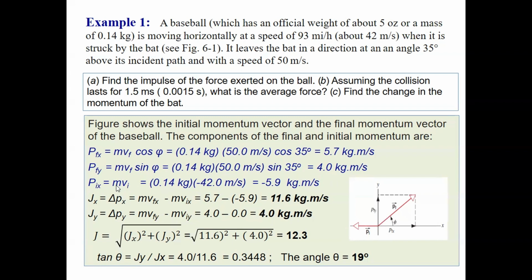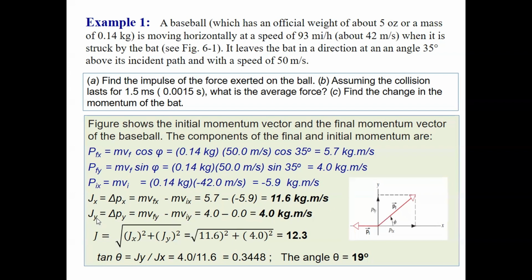So we calculate the P initial, and then we have the P final, and we find Jx, which is delta Px, equal to the final momentum along the x-axis minus the initial momentum along the x-axis. And we find the answer 11.6 kg meters per second.